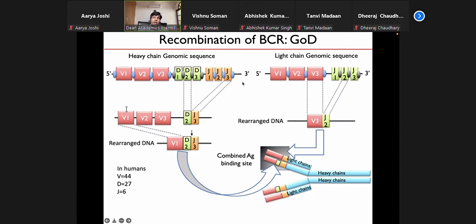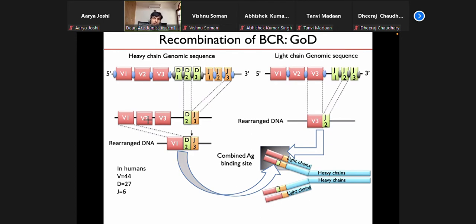And at a distance from here, you have the gene for the constant region for the heavy chain, and in this case the constant region for the light chain. So this has to combine, and then eventually this combined locus will give rise to the product as BCR. So is this process clear, or do you want more clarification on this?